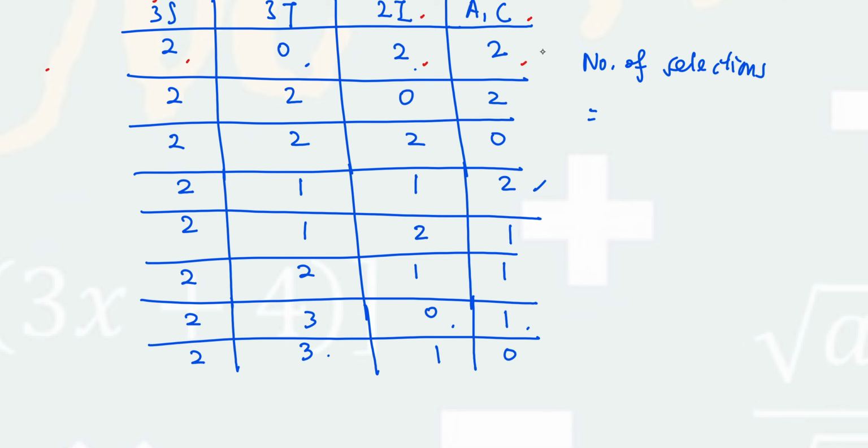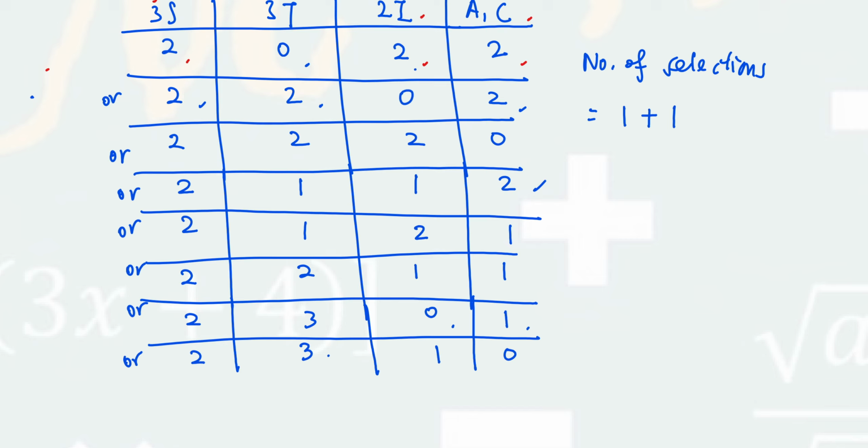And then AC we choose 2, so one way. So here I will just write 1, I will not write 1 times 1 times 1 anymore. Then plus for the second case, one way to take 2s, one way to take 2t, and one way to take AC. So here 1.